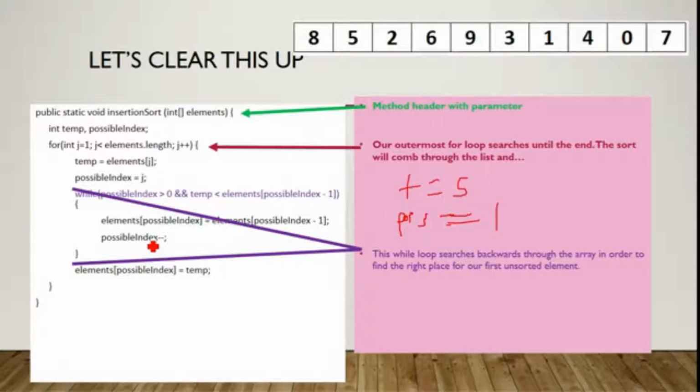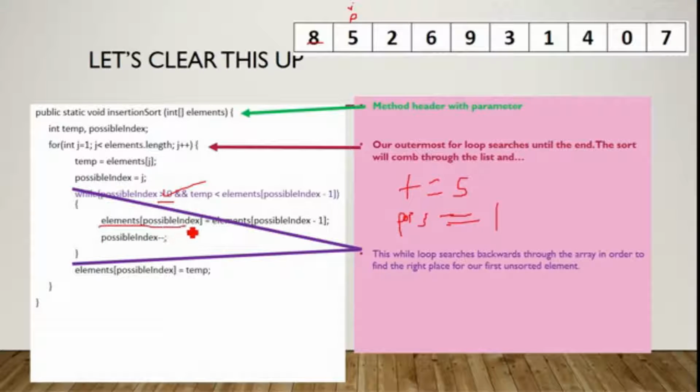Subtract 1 from it each time. So the first time it goes through, possible index is greater than 0. It is. And temp is actually less than the number at pos index minus 1. Remember, pos is here, as is j. Pos is right here. Pos index minus 1 would be this one.